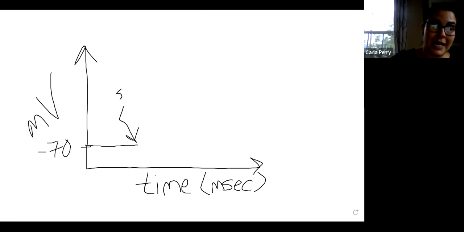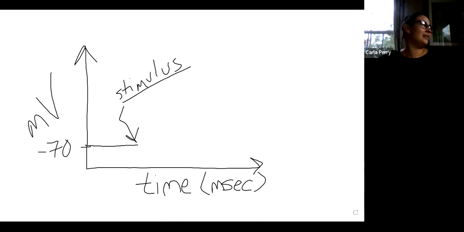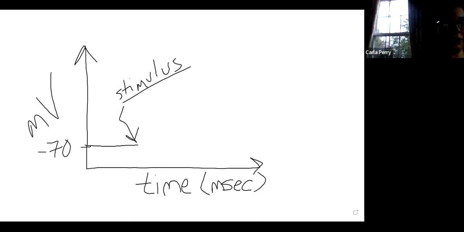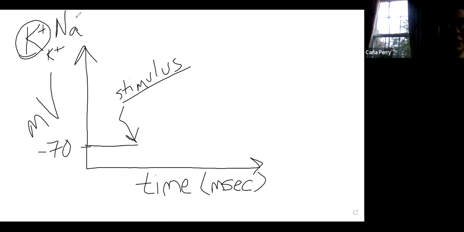Then we're going to apply a stimulus. I tell you what the stimulus does. The stimulus could do a bunch of different things, but for this example and for this class, we're going to say that a stimulus opens sodium channels. You can always put in the corner of your paper to remember this the ion distribution of all cells, including neurons.